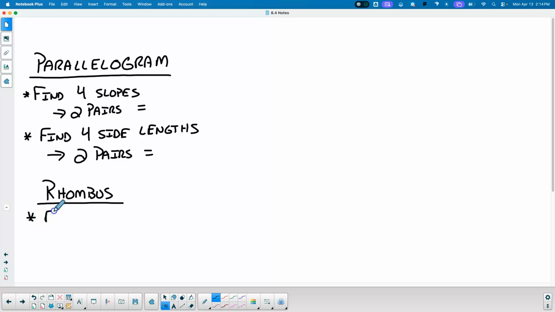And what do you have to show me after we find 4 side lengths? All four are equal, right? What else do you have to show me?